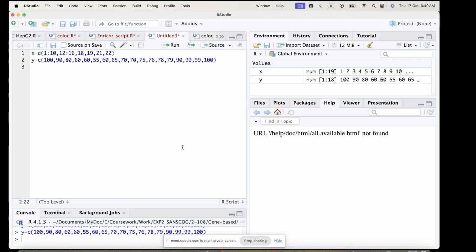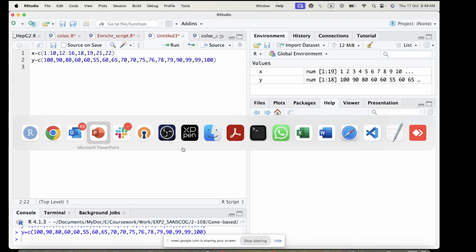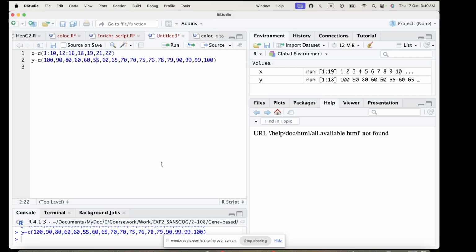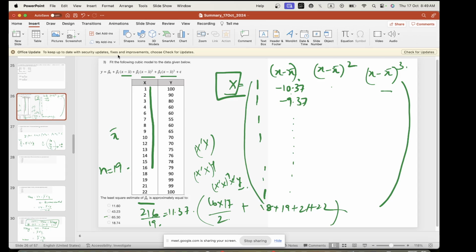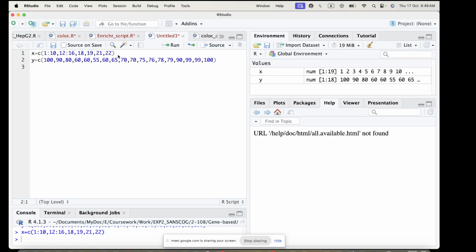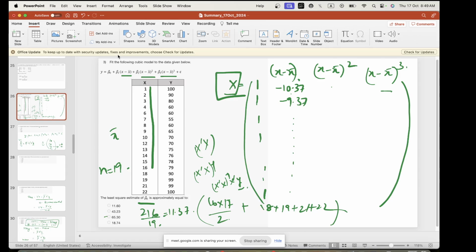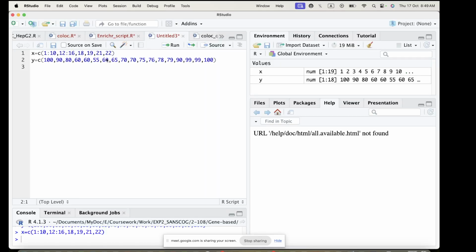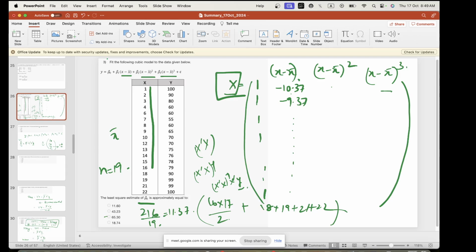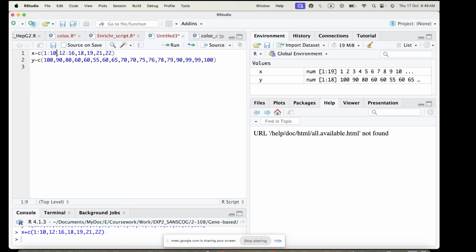Alright, so where was I? I was just discussing how to solve this. So if this is this thing, and then we have 190, 80, 60, 60, 55, 60, okay, so we did not have 5 over here, that's the reason.